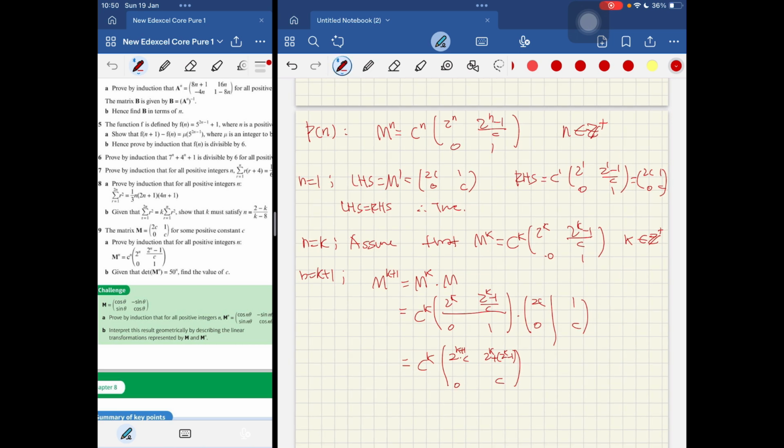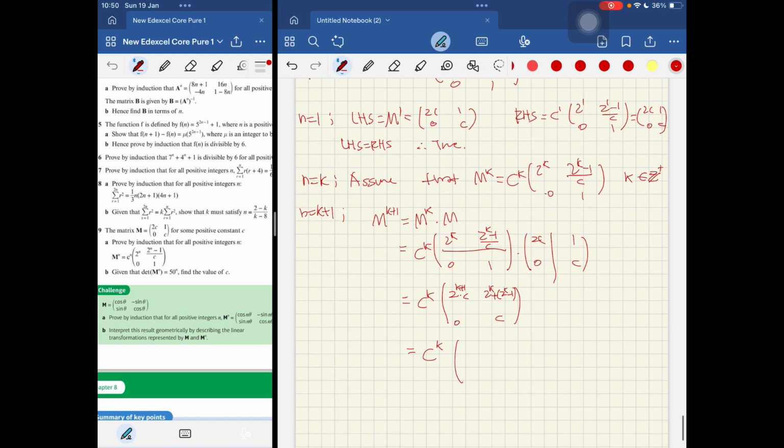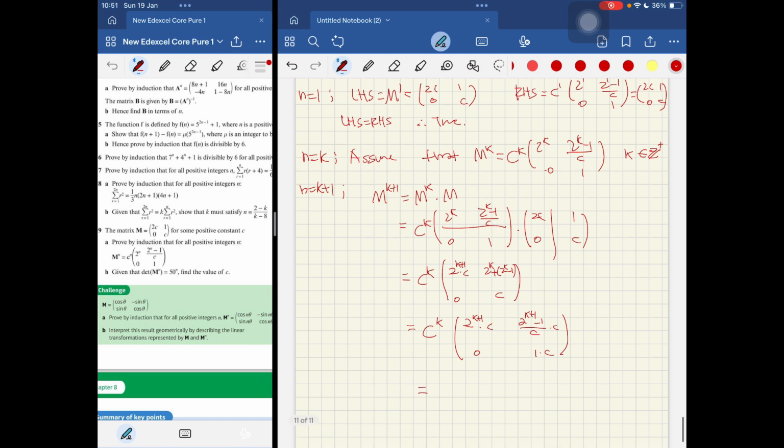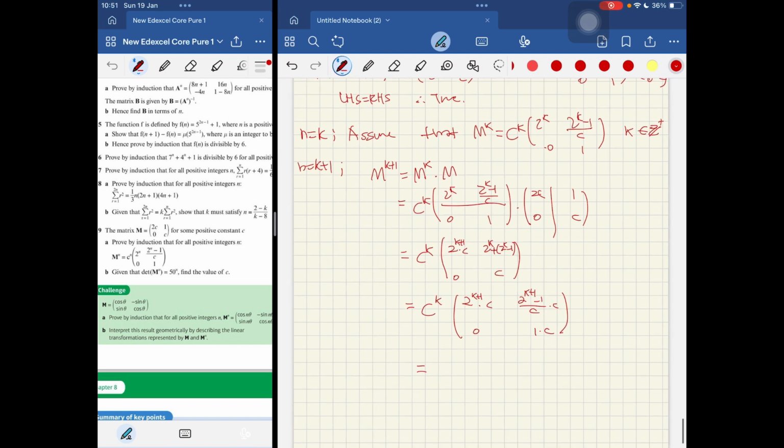So c to the power of k, 2 to the power of k plus 1 times c, and 2 to the power of k plus 1 minus 1 over c times c, 0, 1 times c. So we can take out 1 c from the matrix.